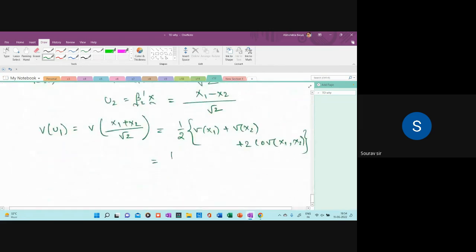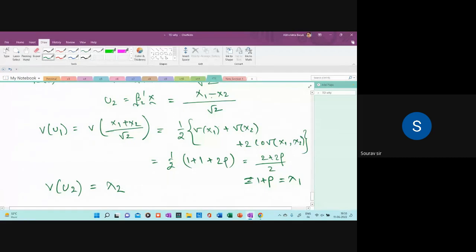Half of 1 plus 1 plus 2 rho, that gives me 2 plus 2 rho by 2, which equals 1 plus rho, which is my lambda 1. So it satisfies the theory we have learned, and similarly, if we check the variance of u2, it gives me lambda 2.